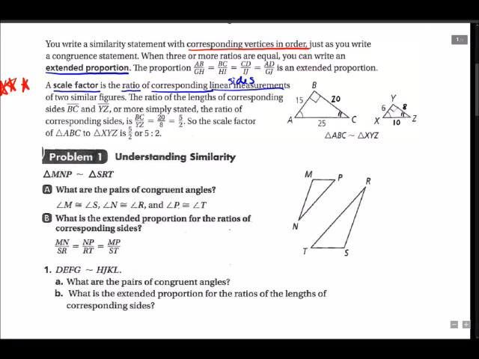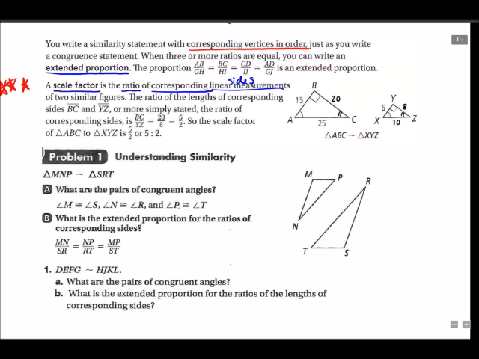Now, how does this work? Well, let's look at our example here. We are told that triangle ABC is similar to triangle XYZ. So we know that our angles are congruent, and look, our angles are in order here. A and X, B and Y, C and Z are congruent, and our sides are proportional.